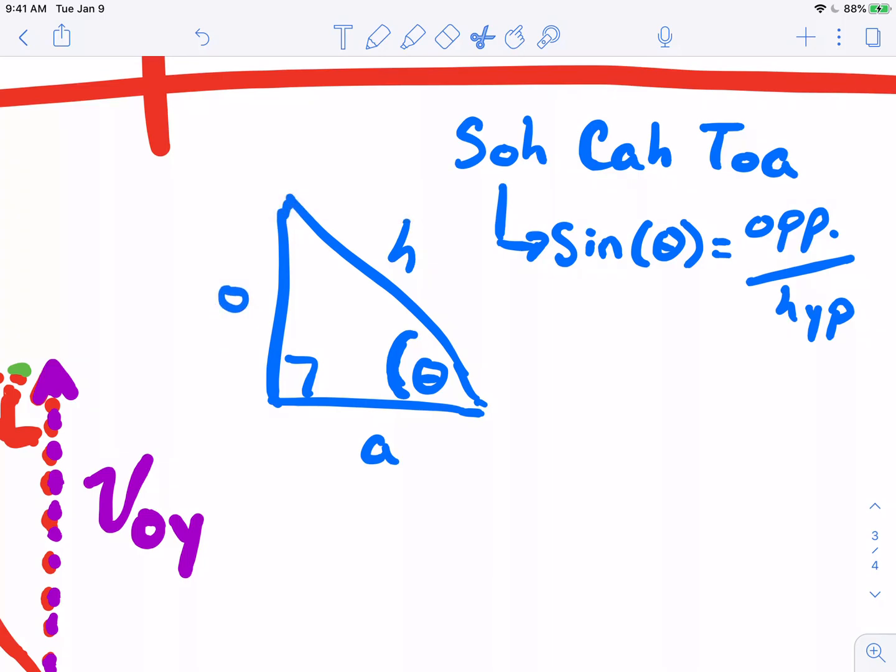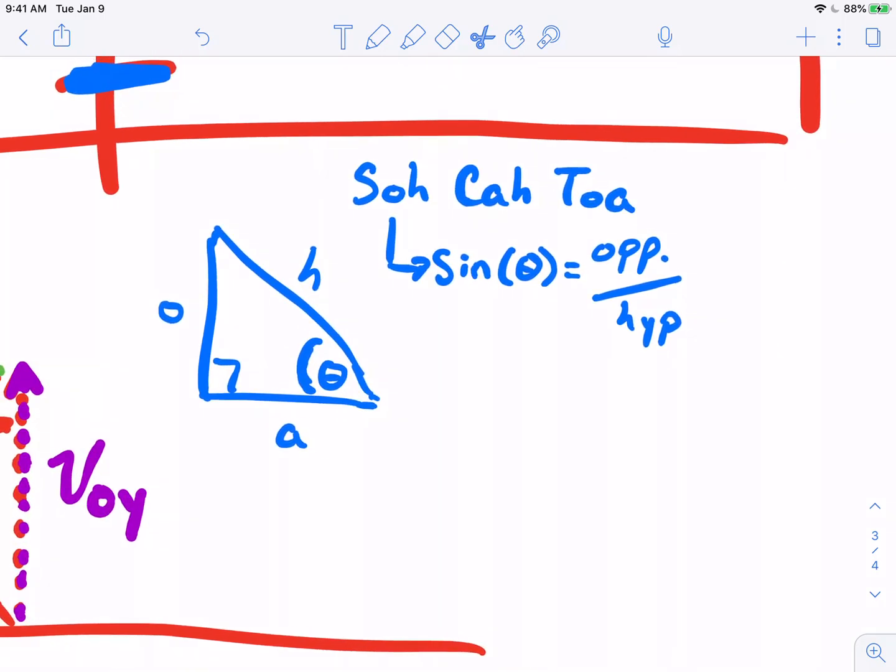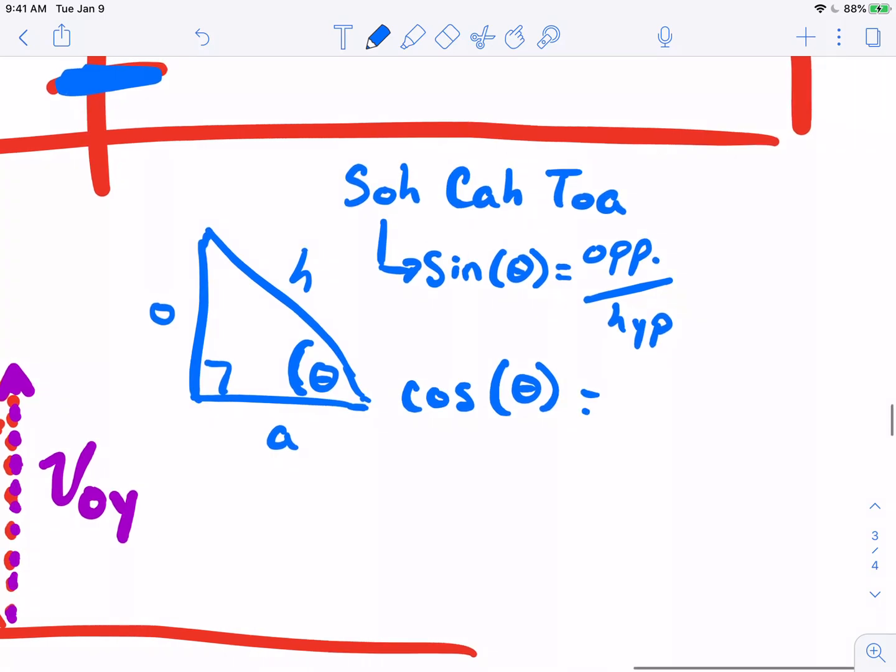Okay, cute. All right, so SOH CAH TOA, right? So sine is going to give us a relationship between the hypotenuse and the opposite side of our triangle. Cosine is CAH, abbreviated C-O-S, spelled C-O-S-I-N-E for cosine, if you want to spell the whole thing out. Cosine is going to be adjacent over hypotenuse.